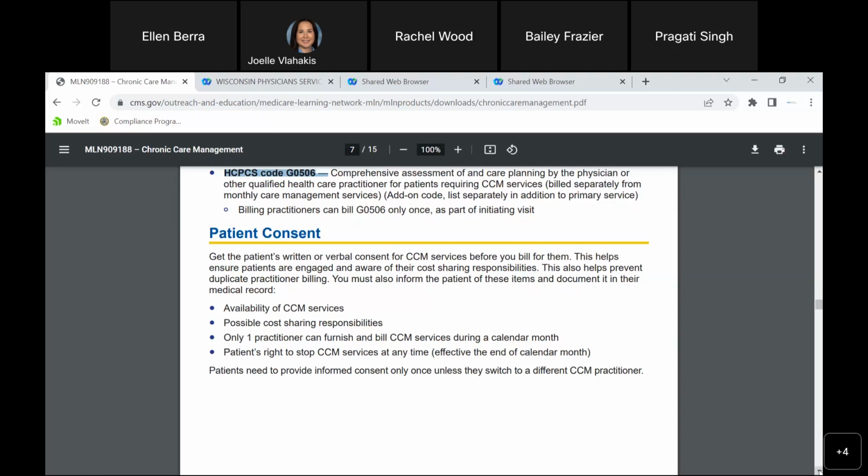This is sometimes a little difficult to have this conversation with the patient. One of the things that you want to do, though, in talking about cost sharing is what CCM is designed to do for them, which is to reduce their emergency department visits, to reduce their inpatient hospitalizations.